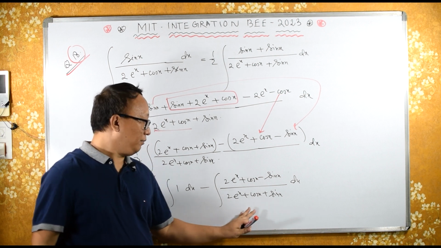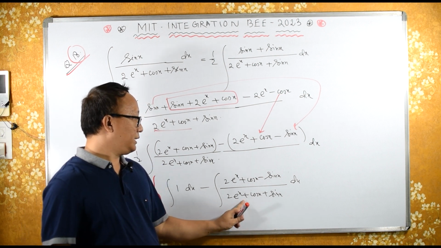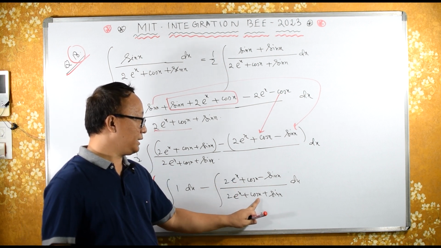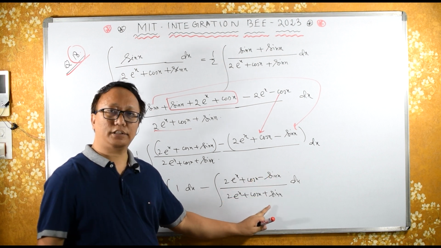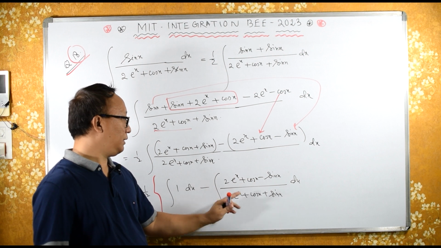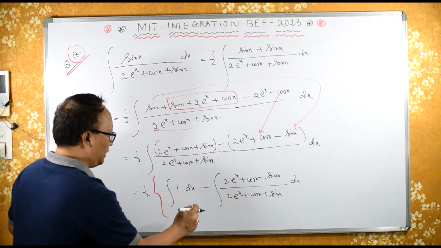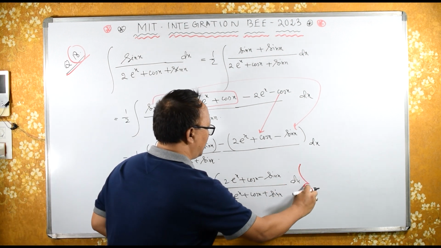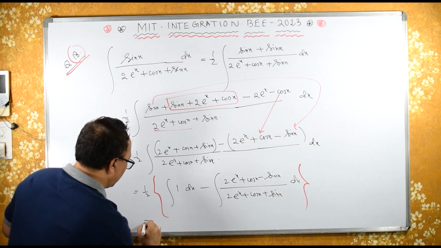Check this: differentiation of the denominator is what? 2 e raised to x is 2 e raised to x. Differentiation of cos x is minus sin x, and differentiation of sin x is cos x. Therefore, the differentiation of the denominator becomes the numerator. Therefore, that is log of this. So, bracket closed over here. This equals half.